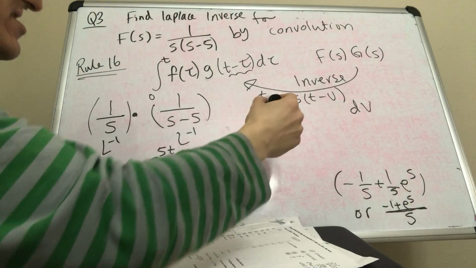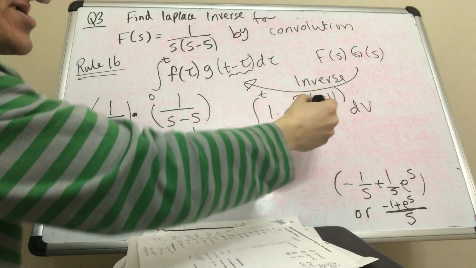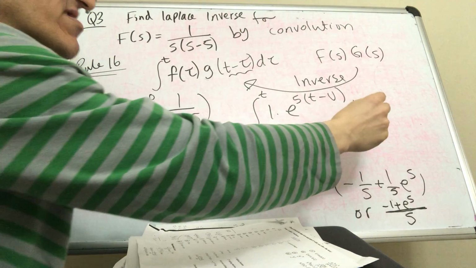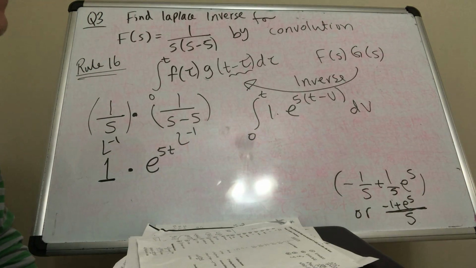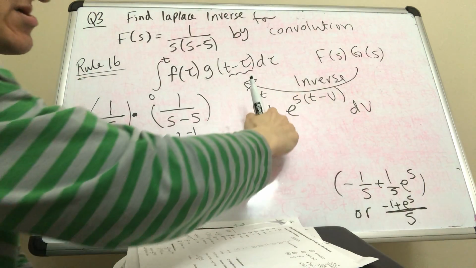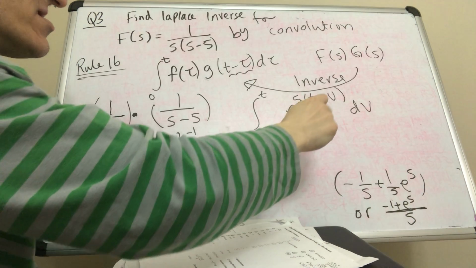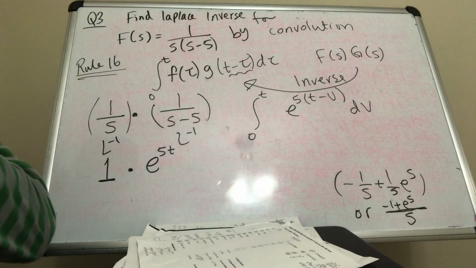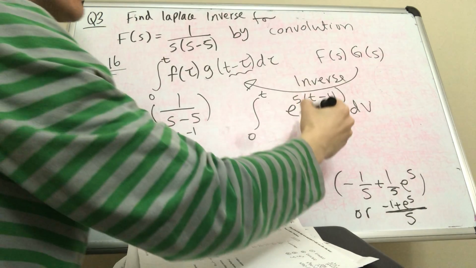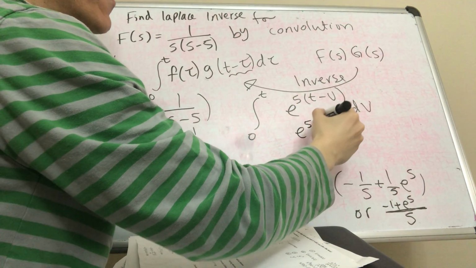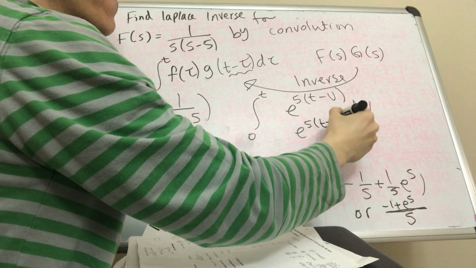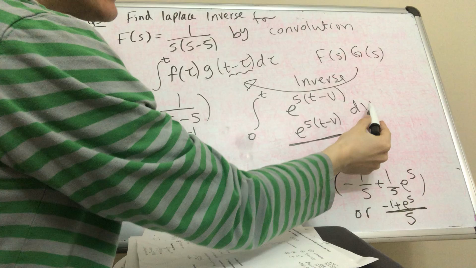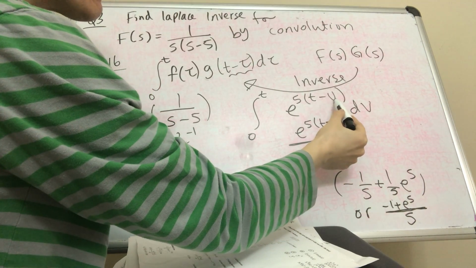So now I'm integrating this, in terms of dv, and of course the one you can ignore. And remember, the integral is in terms of v. To integrate this would be itself over the multiplier in front of the v.